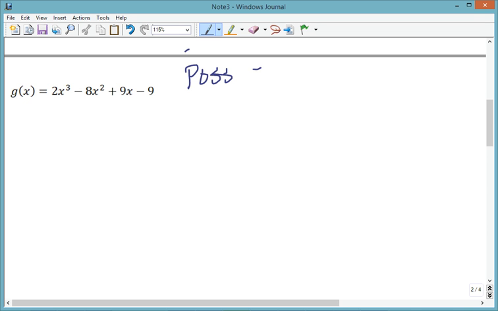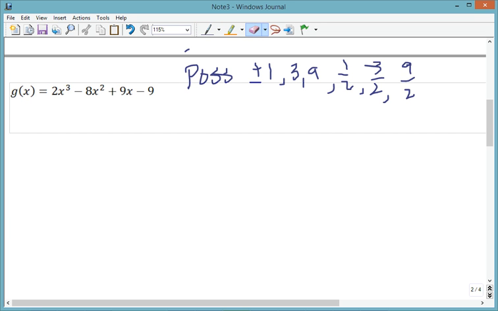So we have plus or minus 1, 3, and 9, and we have plus or minus 1/2, 3/2, and 9/2. All right, so we will start trying them. We've got to find one.